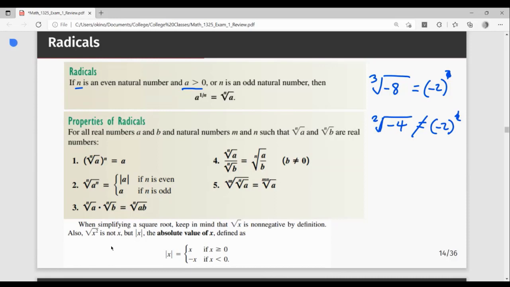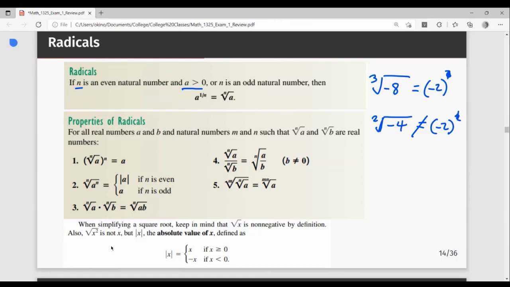And now for the properties of radicals, well, they're actually very similar to what we had for the properties of exponents, right? Because radicals and exponents are related, because the radical is just that exponent of 1 over n. So let's imagine if we have this nth root raised to the power of n, then that just cancels it out, so it becomes a.